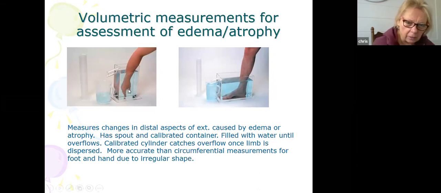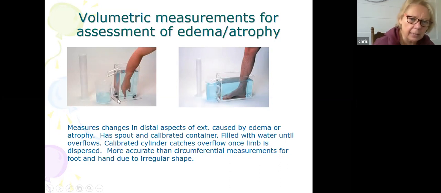Can you see that? There's a little plastic bar. And generally what you do is you place your hand in the cylinder or your foot in the cylinder, and it doesn't touch the bottom, but it stops at this plastic bar. And you place, well, first of all, you have to fill it. Let me go back. You have to fill it with water until it stops leaking.